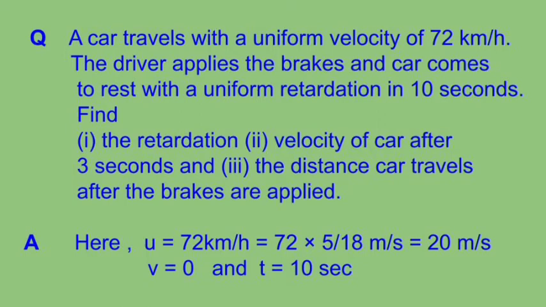Find the retardation, the velocity of the car after 3 seconds, and the distance the car travels after the brakes are applied. Here, initial velocity u is 72 km per hour, which is equal to 20 meter per second. The final velocity is 0 and time t is 10 seconds.